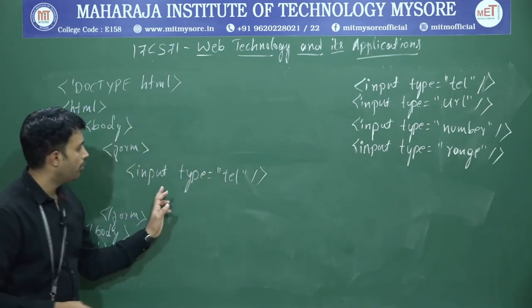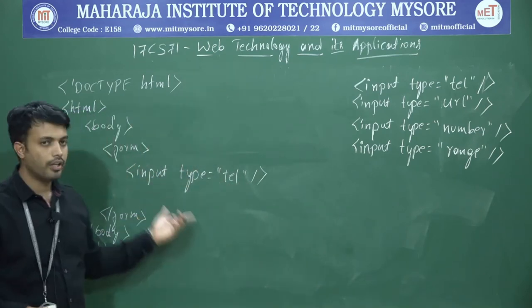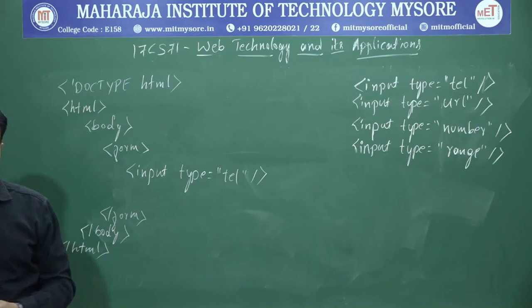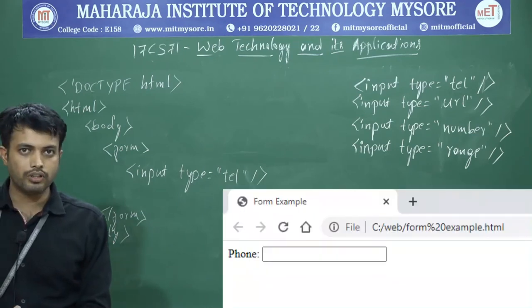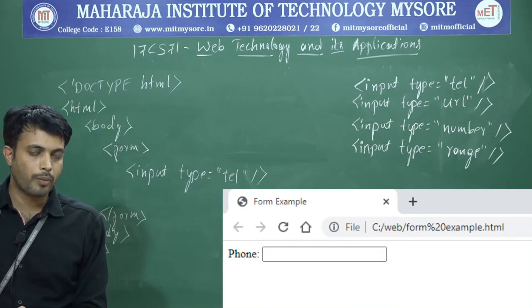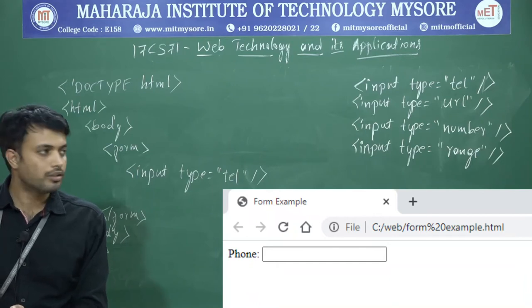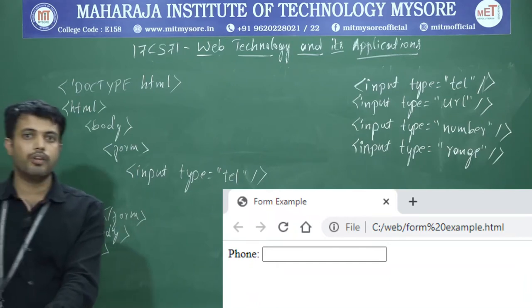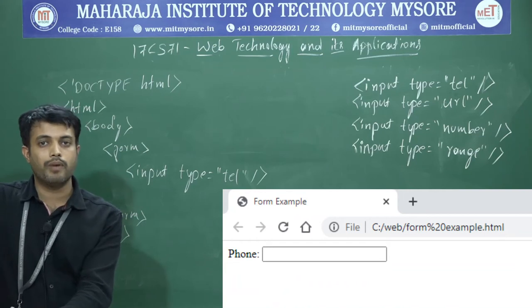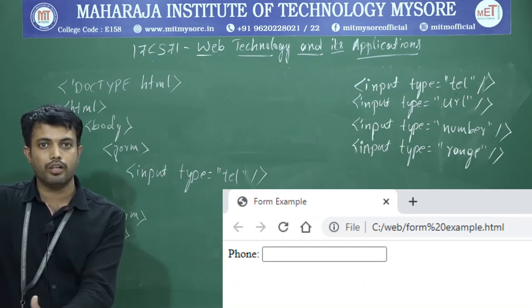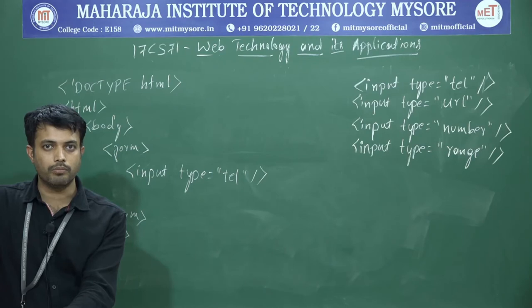Now if I run this program, you can notice that there is a text box. You couldn't differentiate it from a normal text box, because it looks the same as your text box only. But here it will validate for valid data, that means your number should be a 10 digit phone number.